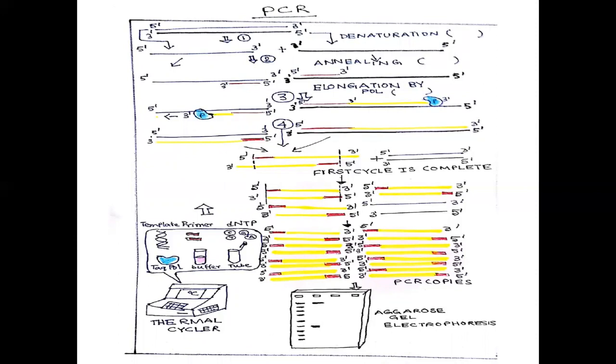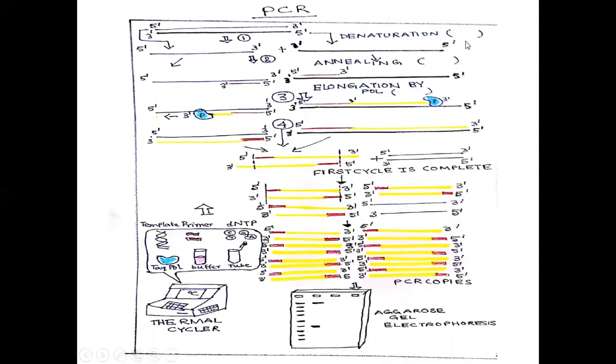Polymerase chain reaction is a process by which you can selectively amplify the target region within a DNA using suitable primers which are complementary to the flanking sequences of your target part. There are three portions, and I have given some brackets here.